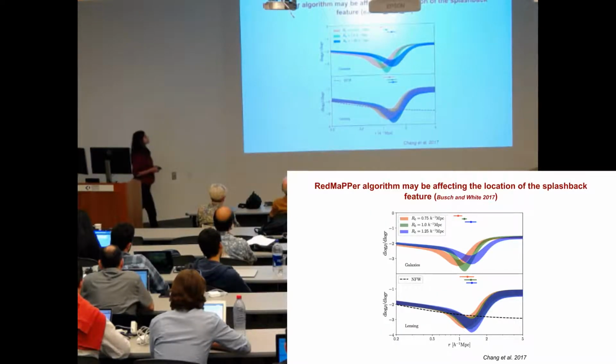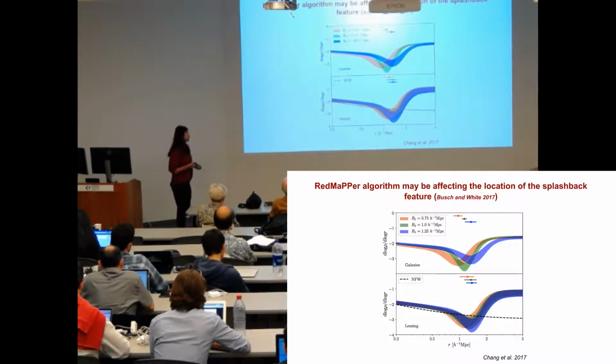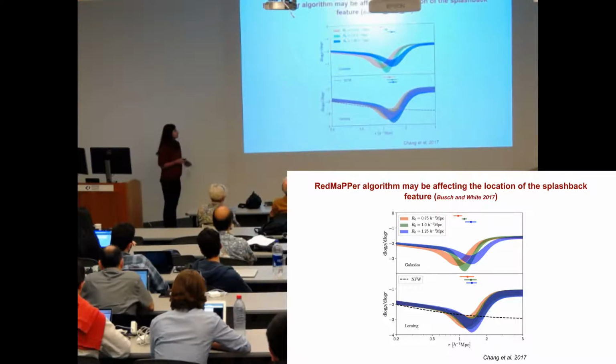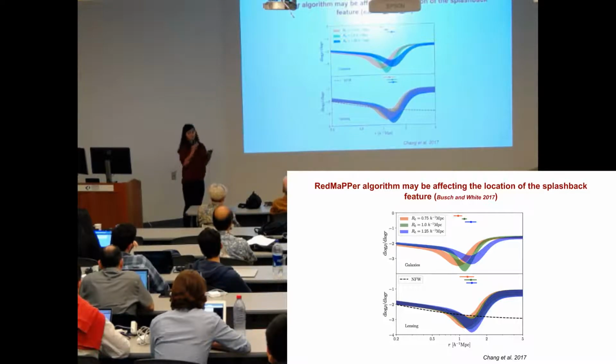So going further, it was pointed out in a paper by Busch and White in 2017 that the location of the splashback feature can actually be very sensitive to the way in which optical clusters are defined. The optical clusters were selected based on a parameter called richness, which is basically the number of red galaxies inside some given aperture.